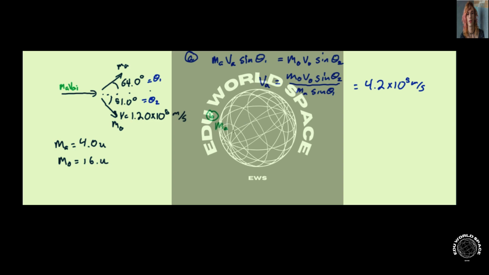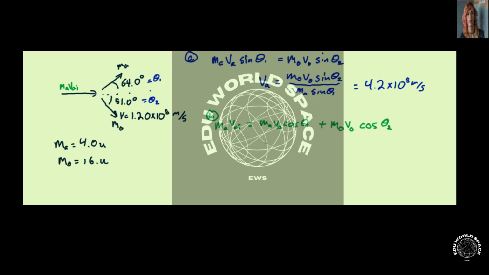So we have the mass of the alpha particle times VA initial is going to equal mass of alpha particle times VA, so that's this right here, times the cosine of theta 1, plus mass of the oxygen nucleus times its speed times the cosine of its angle, theta 2.